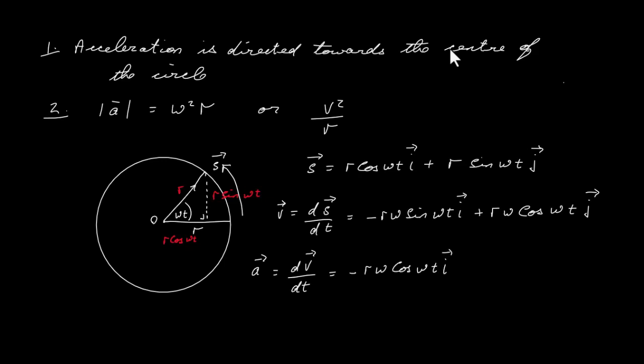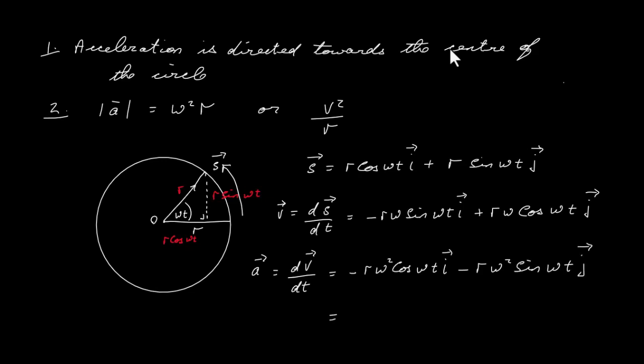However, we've got to differentiate this as well, which will give us omega, so that's going to be squared here. Let's do the same here. If we differentiate cos, we're going to get minus sine, so it's going to be minus r, again, omega squared sine omega t in the j direction.